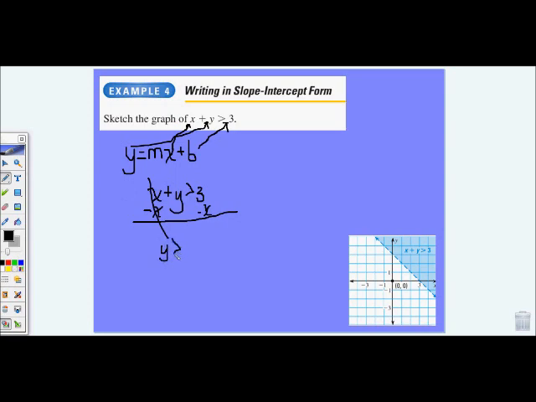I keep my inequality the same. I do not multiply or divide by a negative. I'm going to write my x first to put it in slope-intercept form. And then it's a positive, so that's my operational sign, 3. Again, that's my b. b means it's my y-intercept.